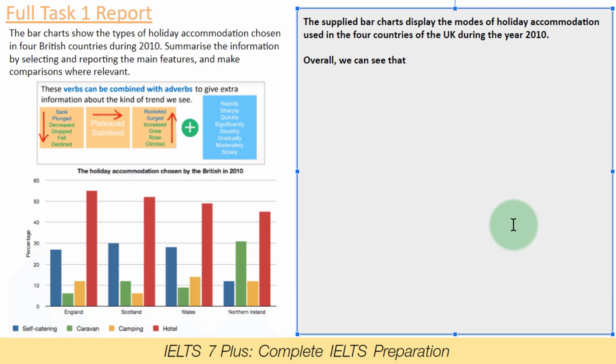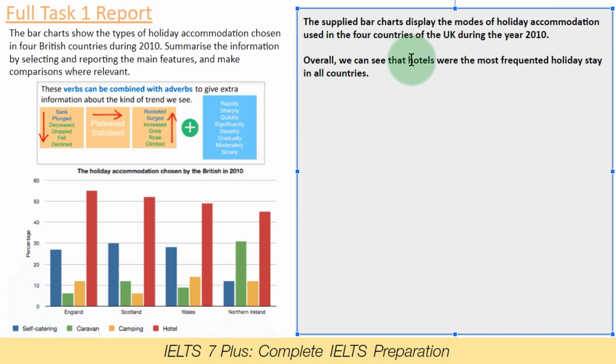Overall, we can see that hotels were the most frequented, which means attended, which means visited, holiday stay in all countries. Now here, stay, I'm really trying not to use accommodation too much. I feel like I might repeat myself here, so I'm going to start trying to think of different ways to say this. Let's read this back.